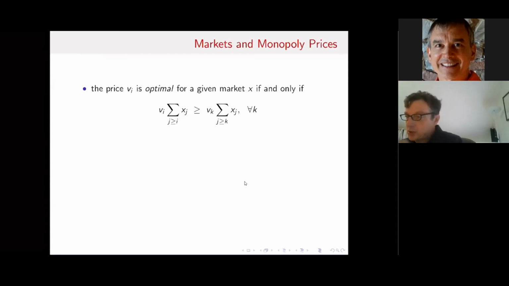Since the valuations are on this grid, it doesn't make sense to charge a price that is different from any one of the valuations on this grid. So take any other valuation on that grid. That would give us a price VK. We would ask how many people would be willing to buy at that price VK. Well, it's all those people who have a valuation that equals or exceeds VK. And so we're summing up again the probability over all those people who have a valuation that is weakly larger than K. Okay.